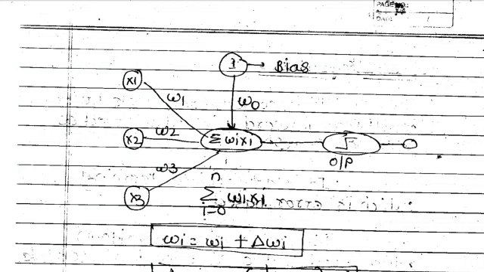Okay, suppose we give the input 0 1 1, and at the output we get 0.234 something, but what we want as output is 0.5. So what we have to do, we have to adjust the weight.